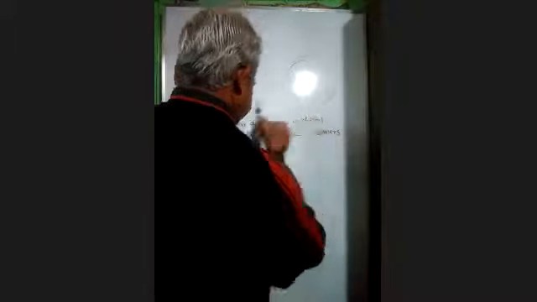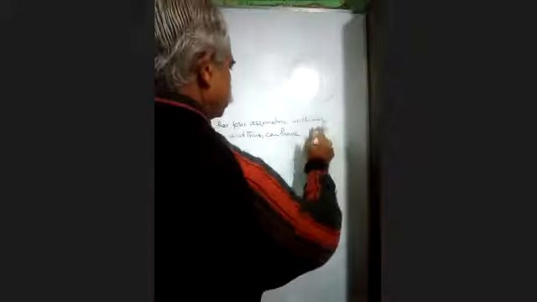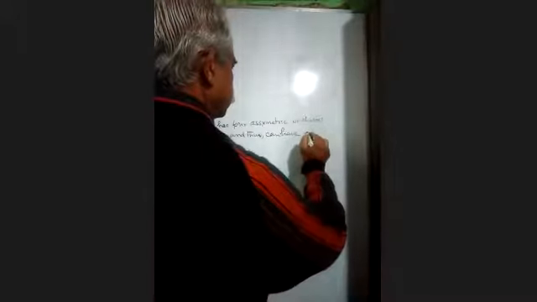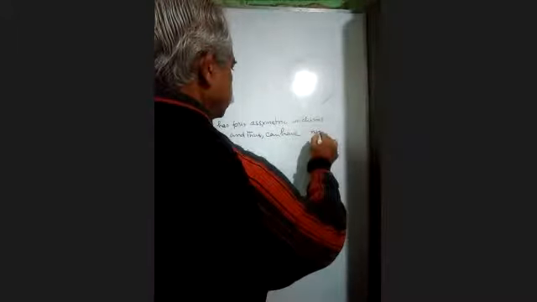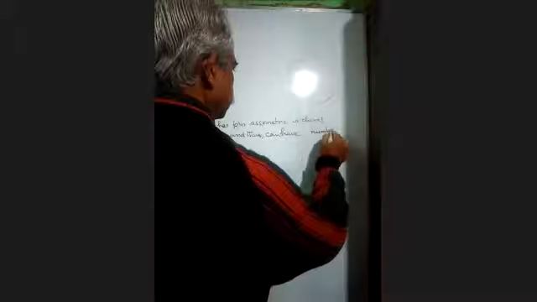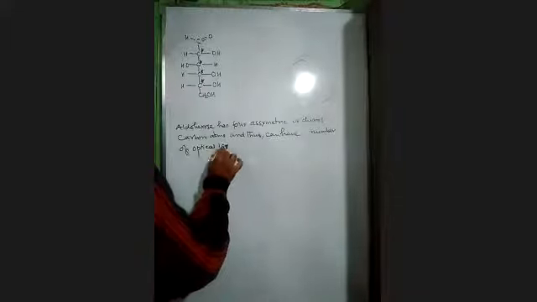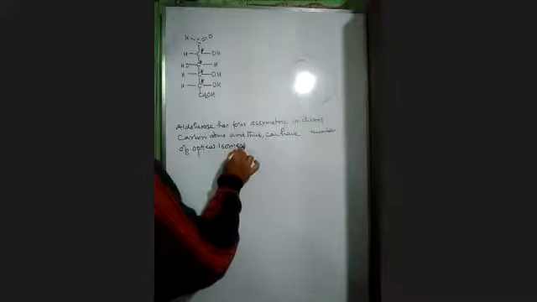I'm leaving a gap here. We can calculate the number of optical isomers. How do you calculate the number of optical isomers?